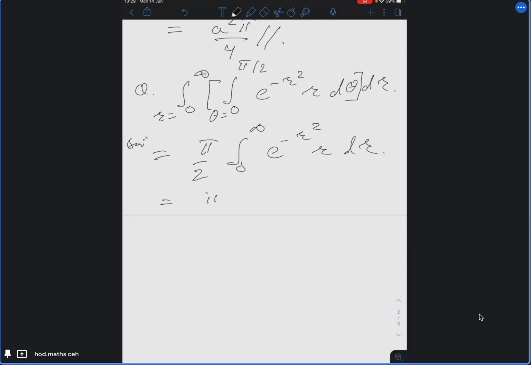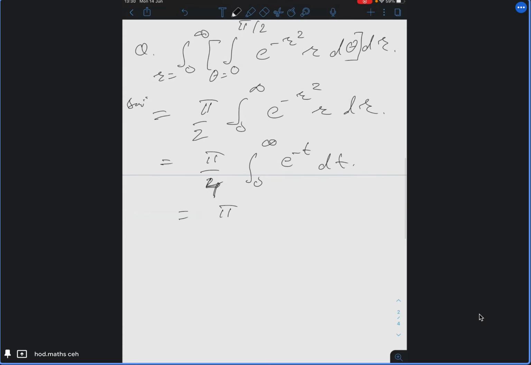The result for this one will be, you substitute r square equal to t, so that you will get 2r dr equals dt, so r dr will be dt by 2, so this becomes pi by 4 here. So you will have integral 0 to infinity e to the power minus t dt. Limits won't change.